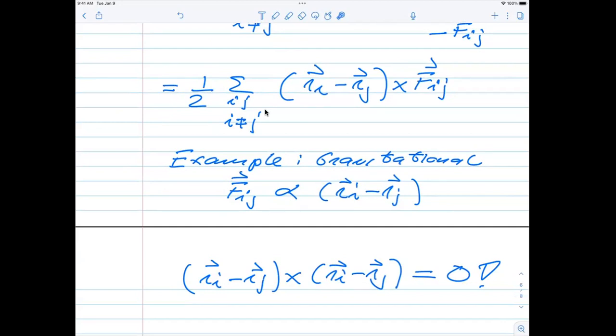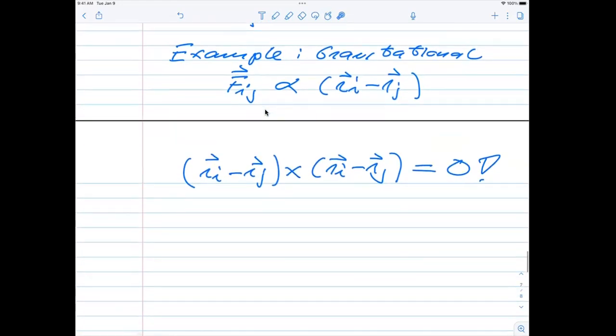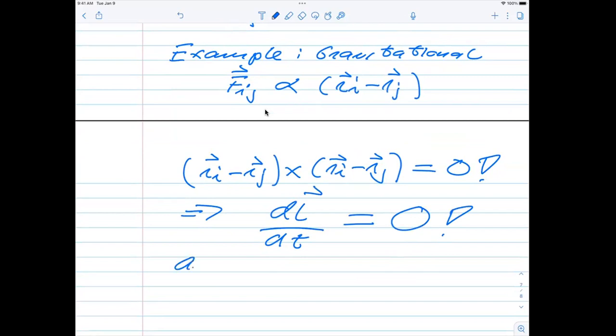In that case, we have forces which are going to give zeros for every element in the sum here. So that means that what we get now is dL/dt, which is again equal to zero. So that means that angular momentum is also conserved, and the gravitational force is one of these examples.